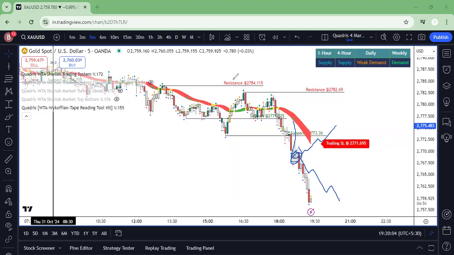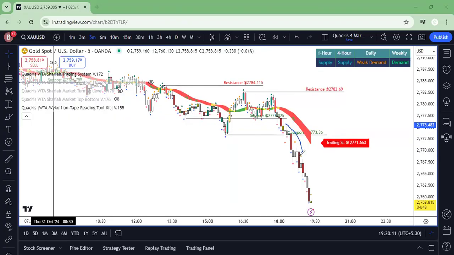Either way, this gives you a re-entry point and a trailing point, and more than that, it will build your psychology and give you confidence that you have something which would help you in analyzing the market in the right context.